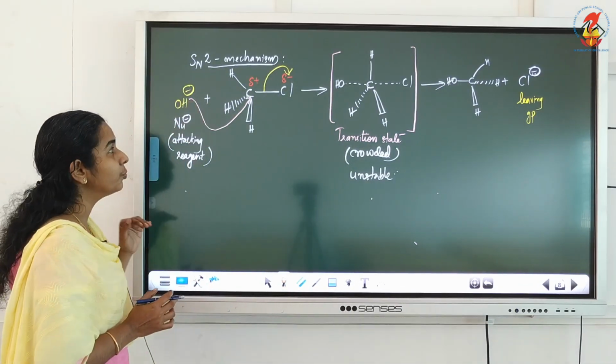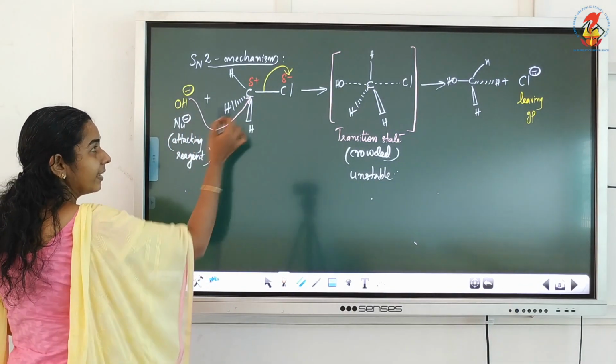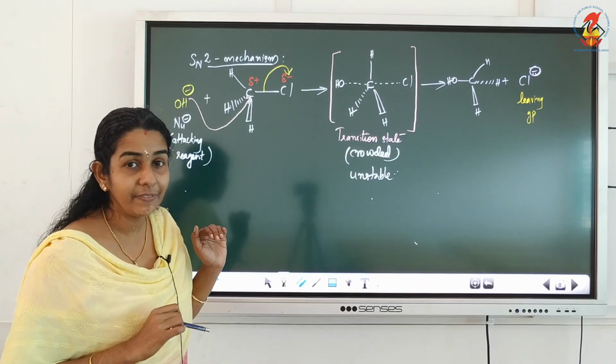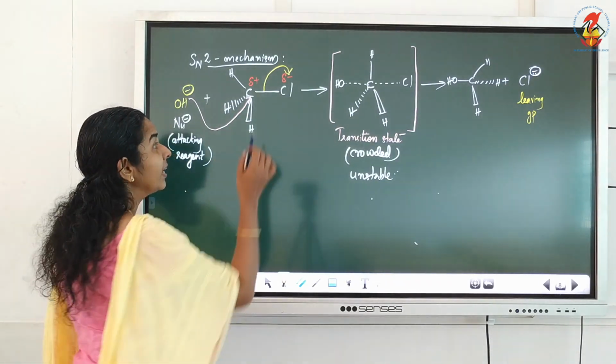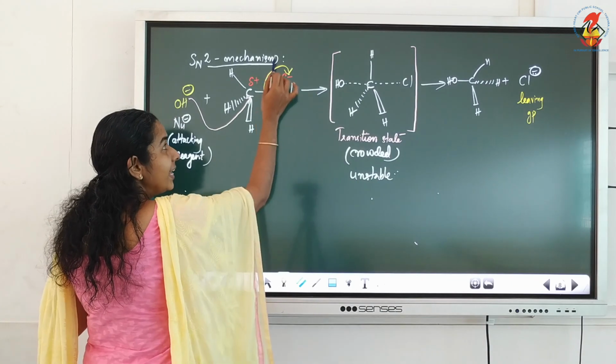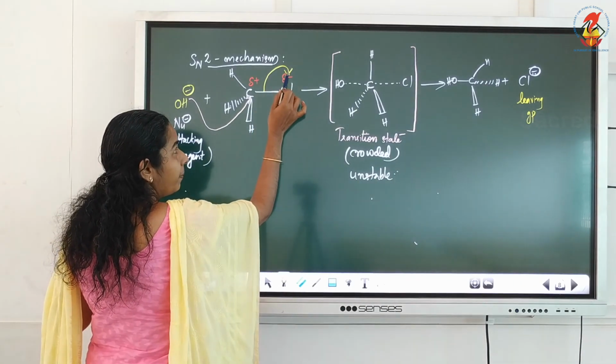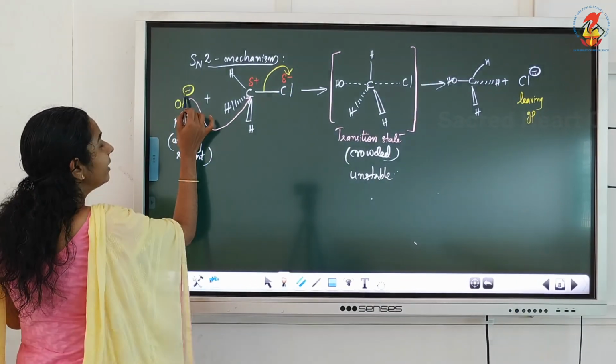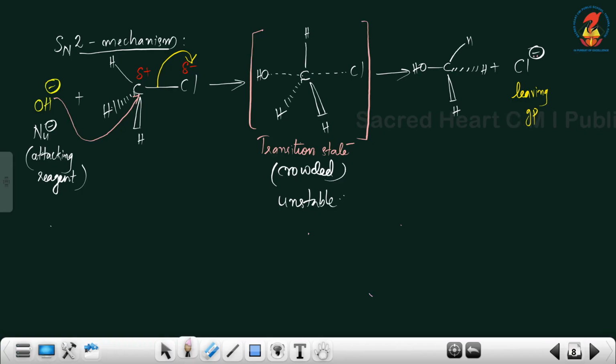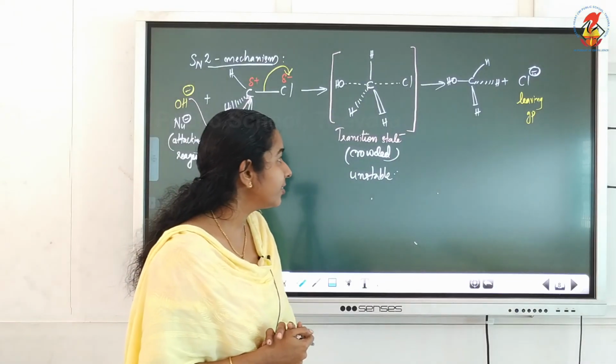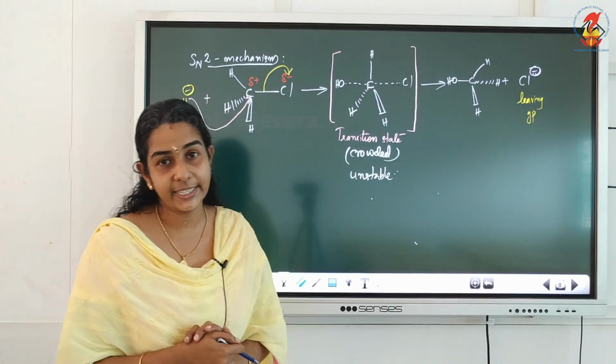In SN2, the nucleophile will be attacking from the back side of the leaving group. Which is the leaving group here? Halogen will be going as Cl minus with this bond pair. This arrow is very important. At the same time, this arrow is also very important. So Cl will be going as Cl minus in this direction. At the same time, the OH minus is attacking from its back side. So this is the transition state and this is the product we are getting.